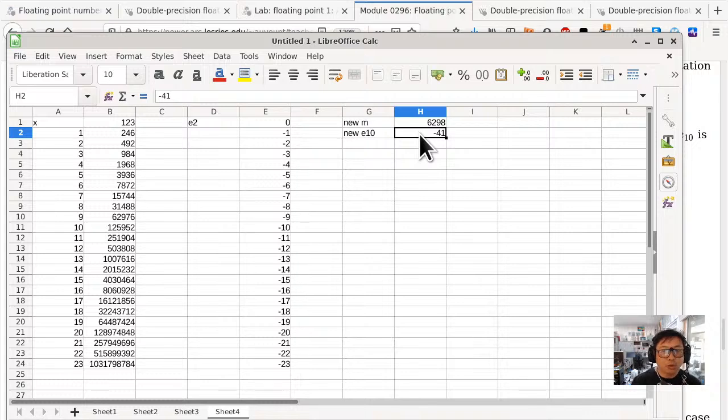Okay, so what do we do next? Well, what we're going to do next is to plug this m back into here, repeat this process, maximize it, figure out how many times we have to do it, change E2 accordingly, and then divide m by 10 again, increment E10 by 1, test it, and then if we need to, we go back again.